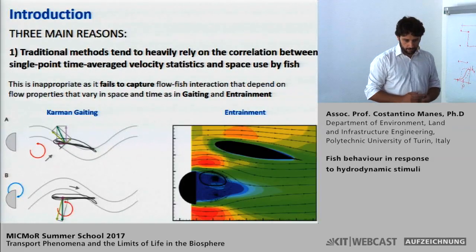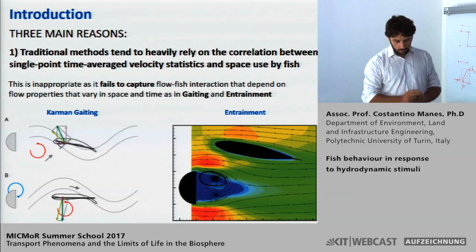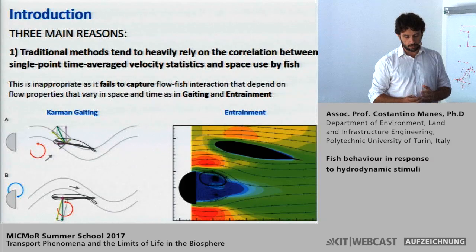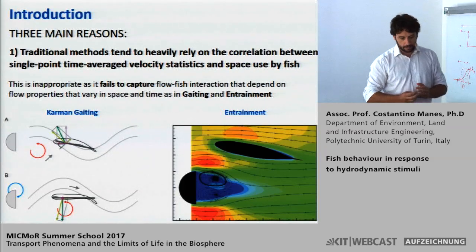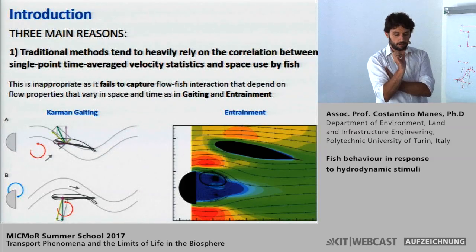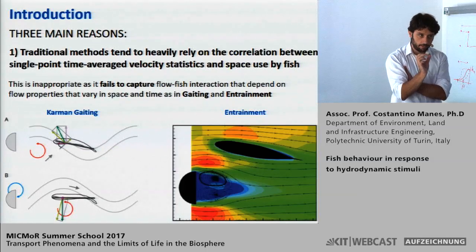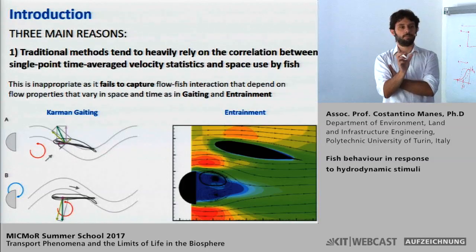One problem is that those studies that try to isolate the effect of hydrodynamics on space use tend to rely heavily on simple correlation between single point, time averaged velocity statistics, and space used by fish.